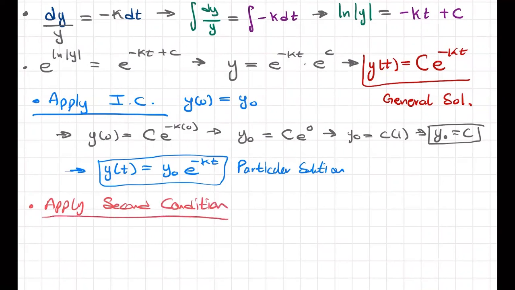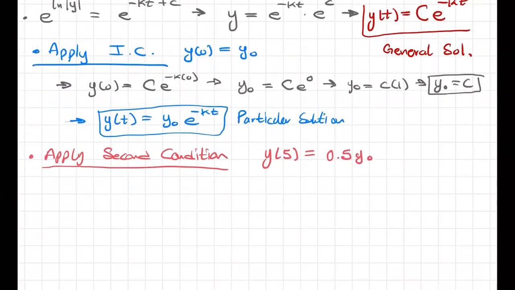Right, for two unknowns, we need basically two equations. So this one we know that when time equals 5 minutes, y of 5 is equal to 0.5 y naught. Let's apply that, and we get y of 5 equals c e to the negative k times 5.